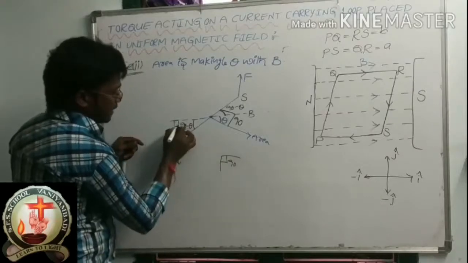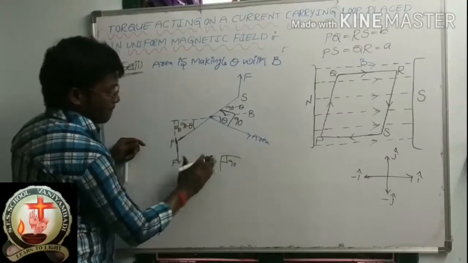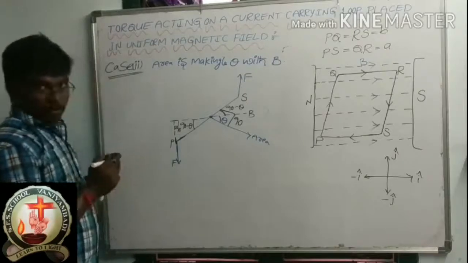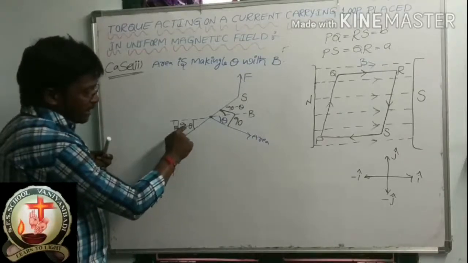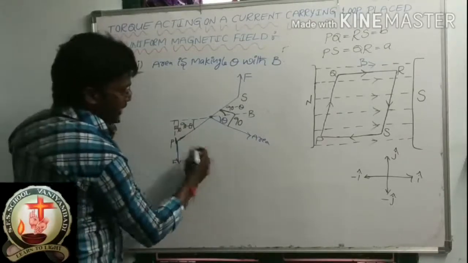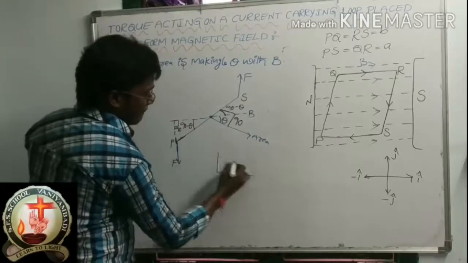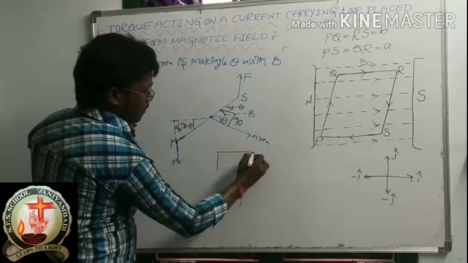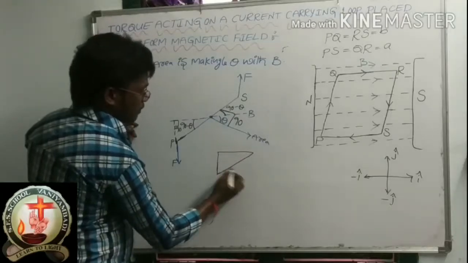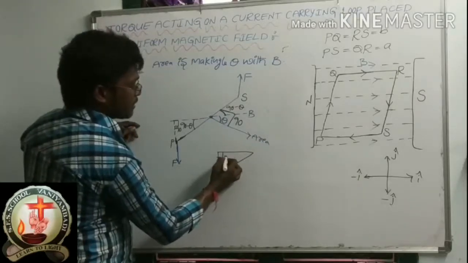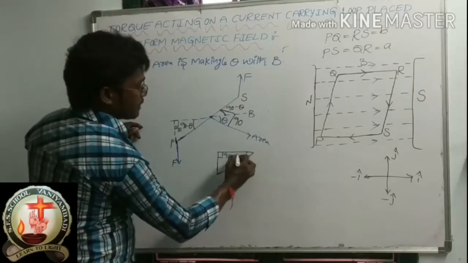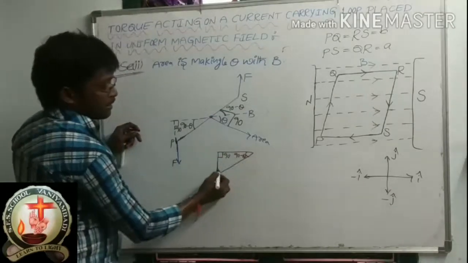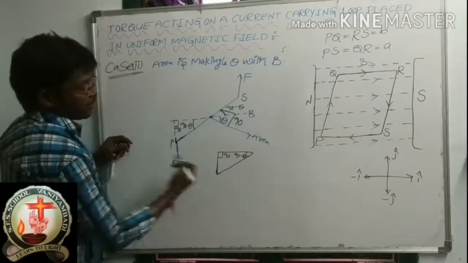So this angle is 90, and this is 90 minus theta. What is the diagram actually here? This one is 90, this one is 90 minus theta, and this one we have to find.